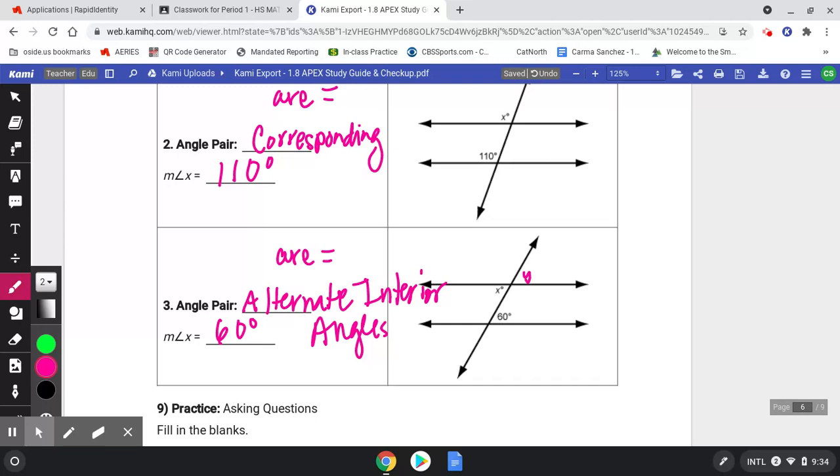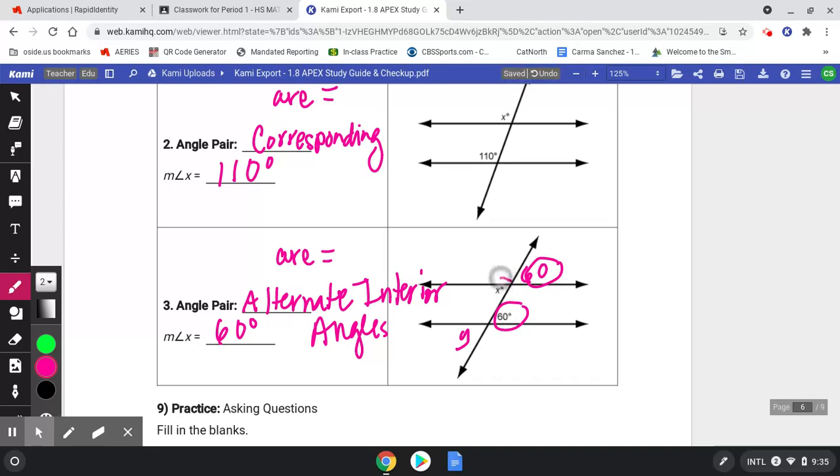What if they gave you a 40 over here? Actually, let's make it 60 because of the picture. And they asked you for this angle? Well, you could say 60 is equal to 60 by corresponding, and then y is equal to 60 by verticals.